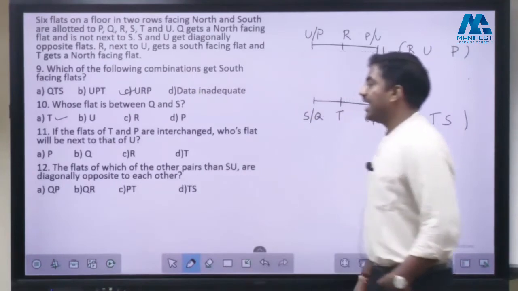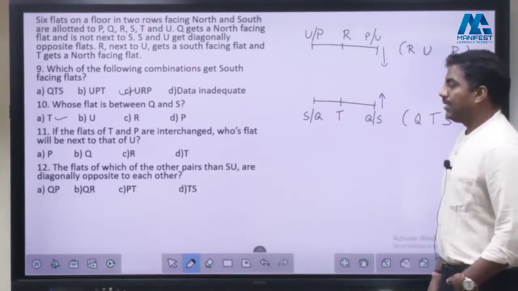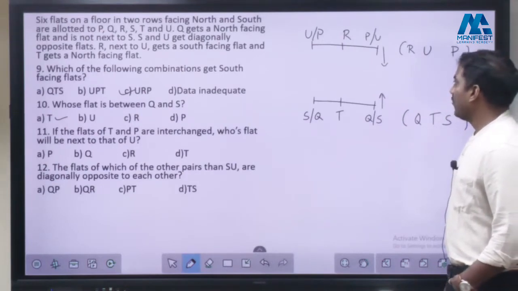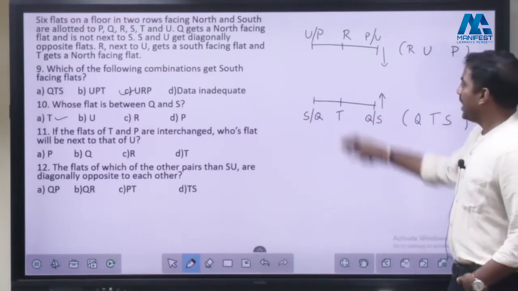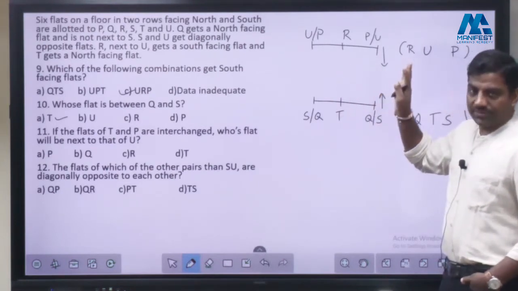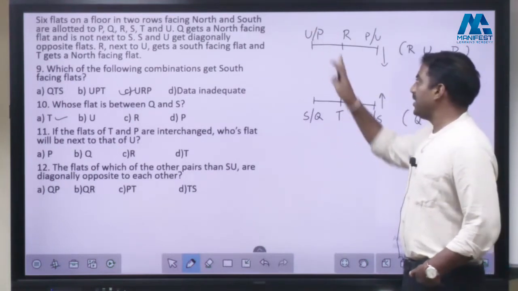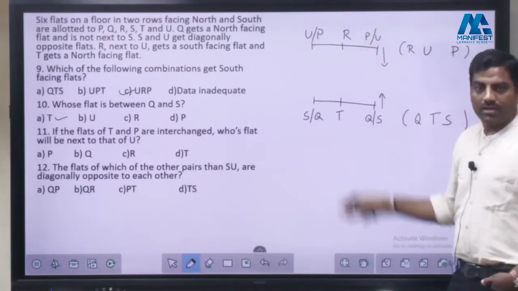If the flats of T and P are interchanged, whose flat will be next to that of U? P and T are getting interchanged. So nothing will happen to R and U, right?